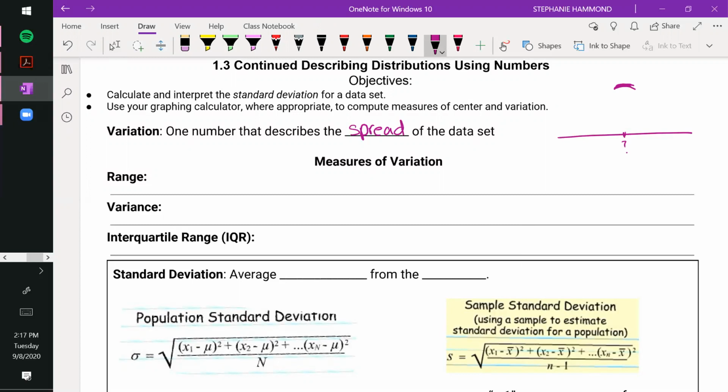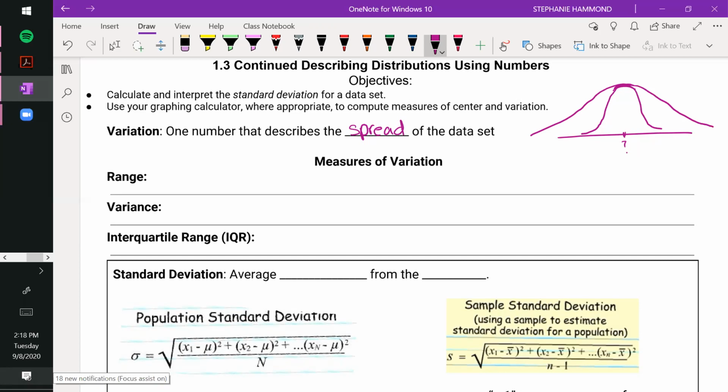But from there, how spread out is our data? Is our data not very spread out? Is it pretty shallow like this? Or is it really spread out like this? Variation is a number that tells us how spread out, left to right, our data is.